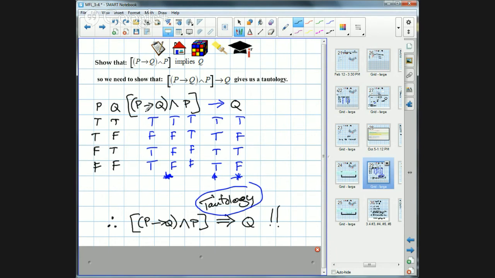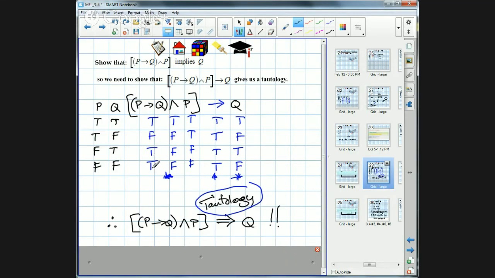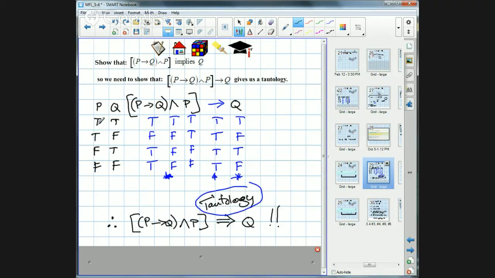So the only time an if-then is false is when the first one's true and the second one's false. So then the other 3 are true. Now I copied the P underneath the P. TTFF, TTFF.